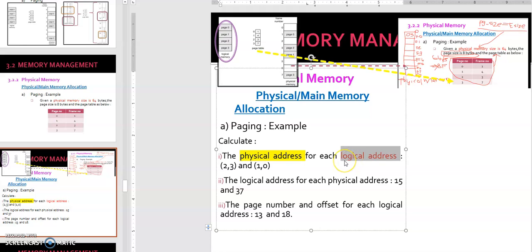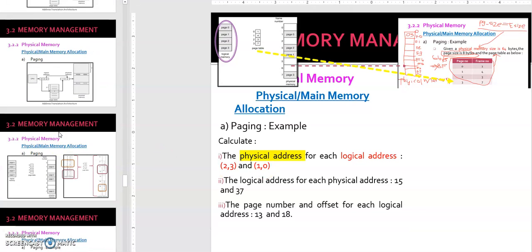So you are given the logical address, but you are asked to find the physical address. These are two logical addresses here: one is 2, 3 and the other is 1, 0. How do you read 2, 3 and 1, 0?